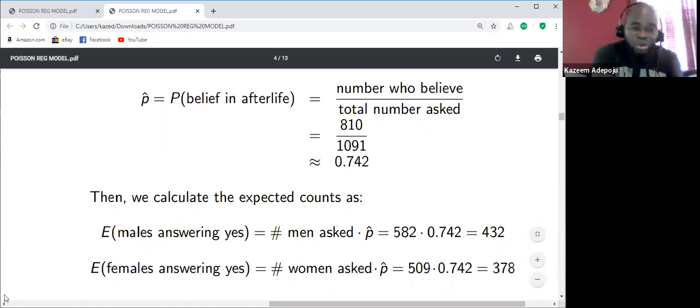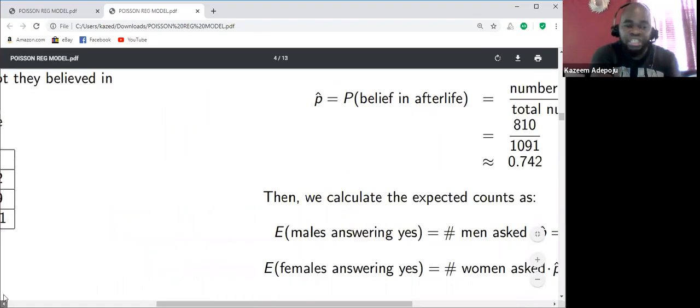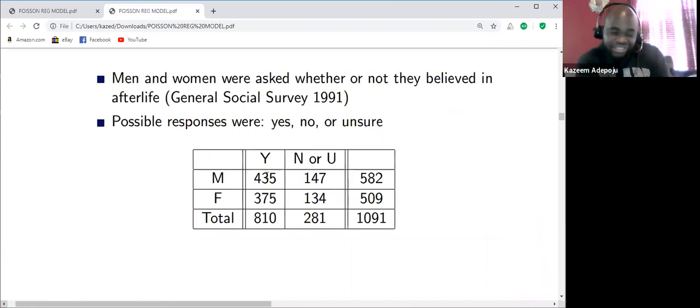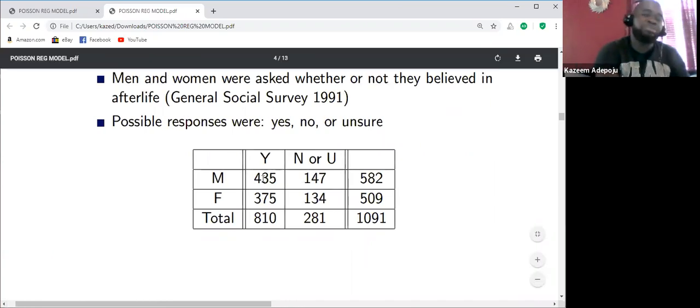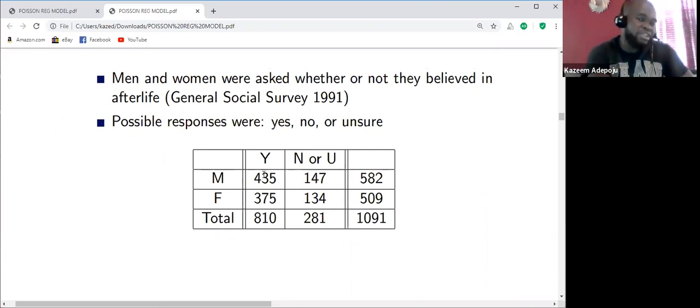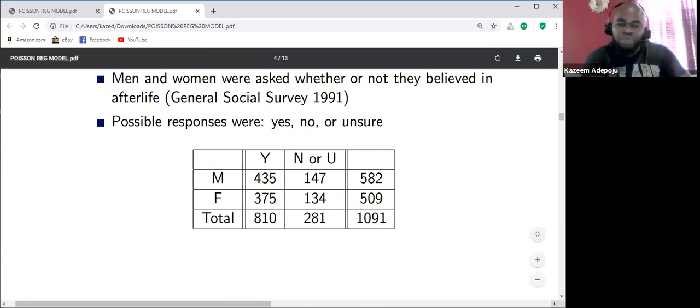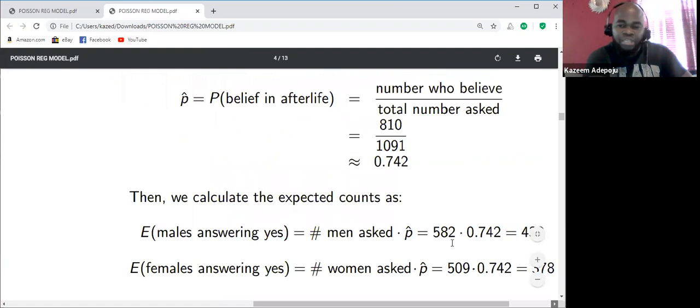But you know what? The essence of research is to be able to measure discrepancy between what is observed and what is expected. What was observed in the General Social Survey conducted in 1991 was 435 men that said yes, there's going to be an afterlife. But when we calculate the expected value of that, we got 432.